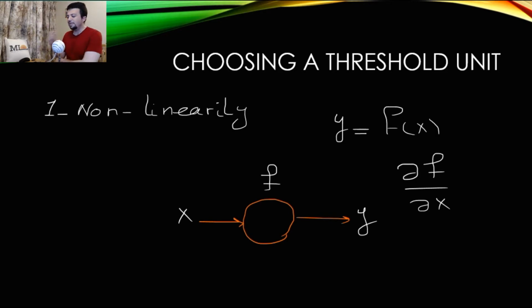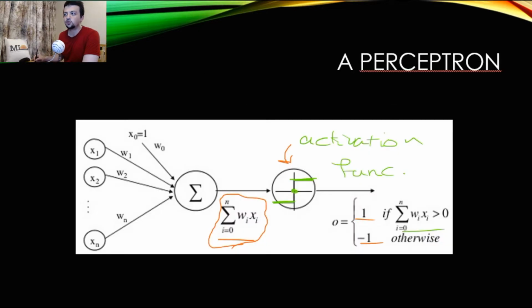So you immediately notice that that is not something that we have with the step function. At point 0 we have a discontinuity. At point 0, this step function is not differentiable with respect to its input, which is this whole linear combination.